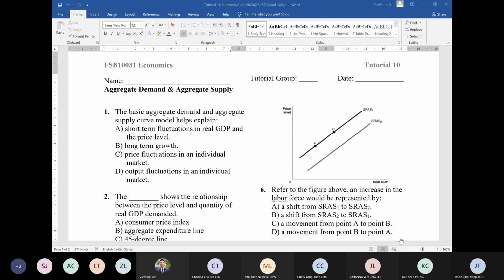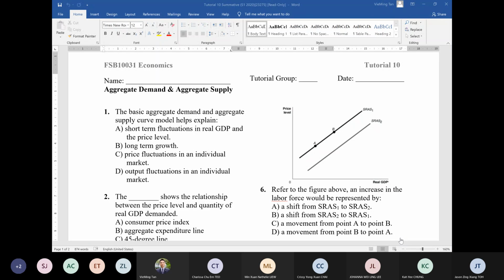Okay, so we'll start from Johanna. Answer question number 1. The basic aggregate demand and aggregate supply curve model helps to explain the output fluctuation in an individual market.